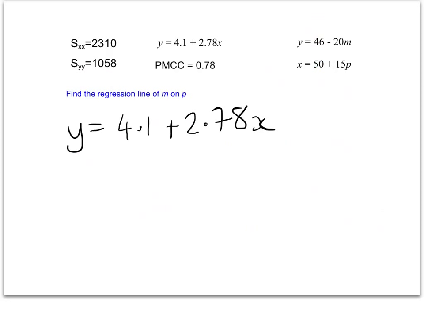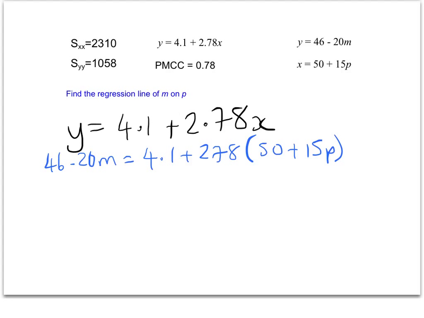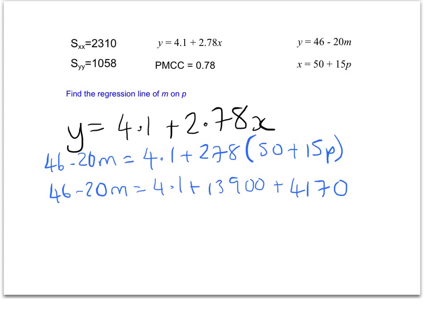Okay, this is probably the one with the most work. We've got the original regression line now. We're going to change Y to 46 minus 20m, and we're going to change X to 50 add 15p. So expanding this out, 46 minus 20m is 4.1 plus 278 times 50 is 13900 plus 278 times 15 is 4170p.